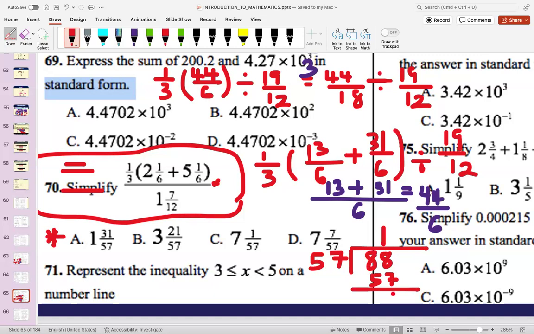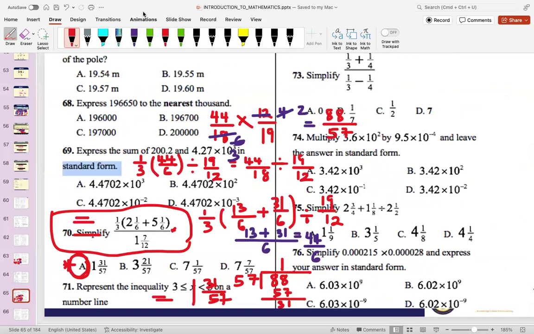When you do that, you'll be left with 31. And because 57 is bigger than 31, you can't continue. So it means that your final answer now is 1 and 31/57. And that is E. The answer is E.